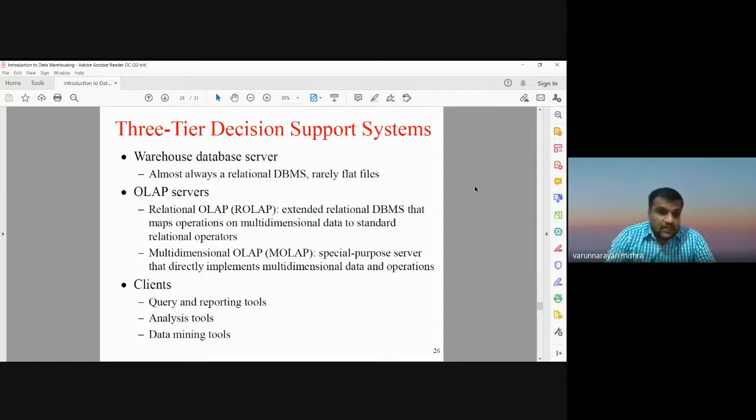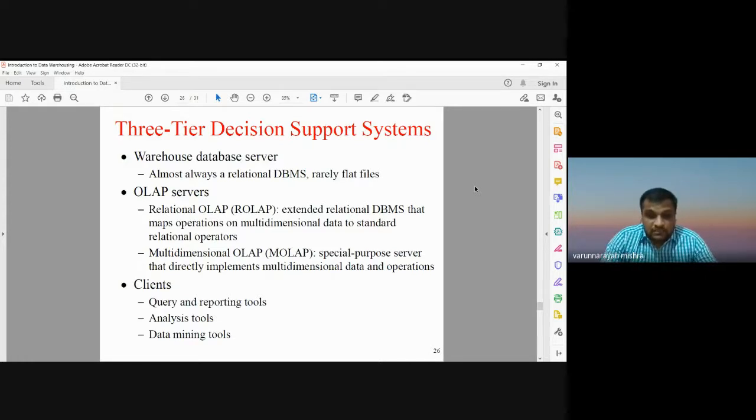It's a kind of server that will have a relational OLAP. It is an extended relational database management system that will be used to map the operations on multidimensional data to standard relational operators. So the multidimensional OLAP, or MOLAP, is a kind of analytical processing, which is based on spatial purpose.